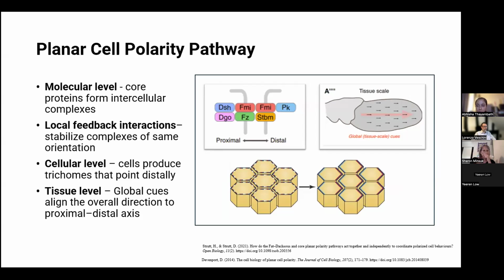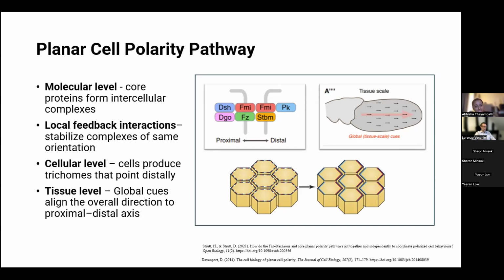So these are the proteins involved in the PCP pathway: Flamingo, Frizzled, Van Gogh, Prickle, Diego, Dishevelled. These proteins form intercellular complexes, and then local feedback interactions are stabilized. In the Drosophila wing, this leads to the formation of a wing hair from the distal end of each cell.